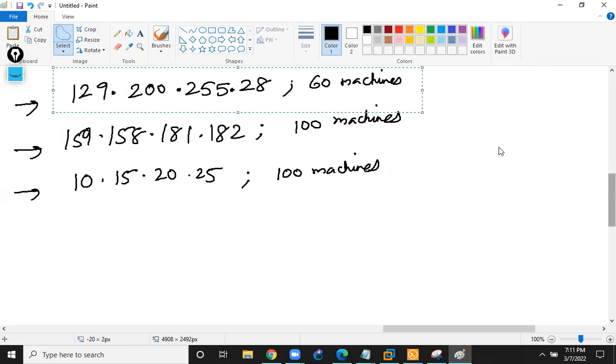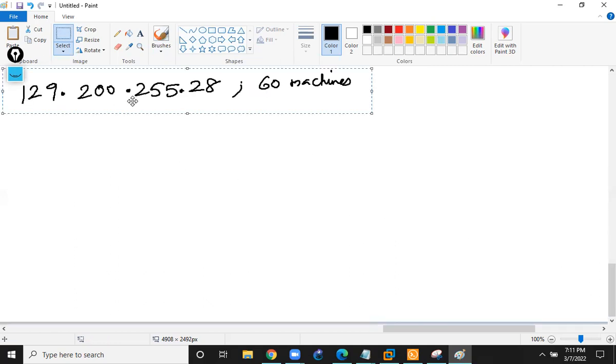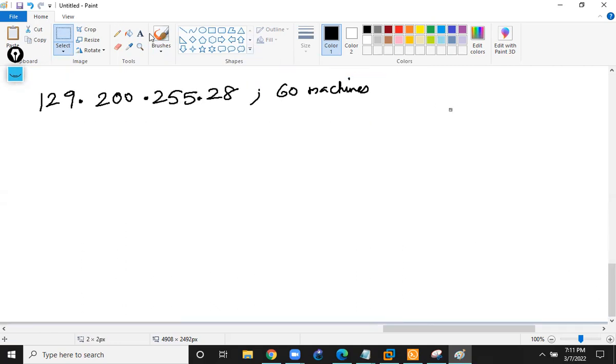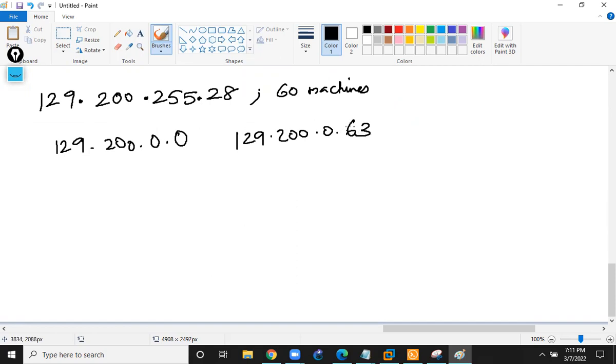Yes, guys. So now what is the answer here, or what is the first subnet? 129.200.0.0. Then the network address itself is the first address, right? Now, what is the broadcast address for this one? 129.200.0.63. Everyone got it? Okay. Now, what is the next subnet?